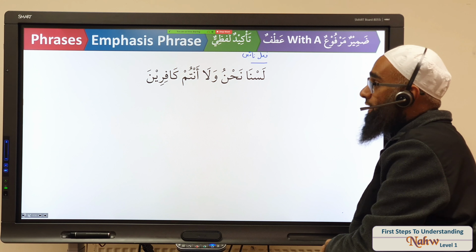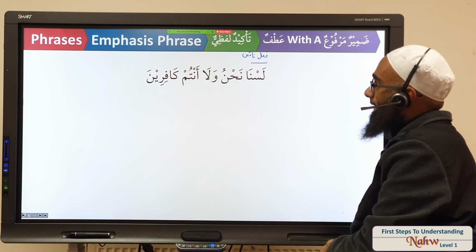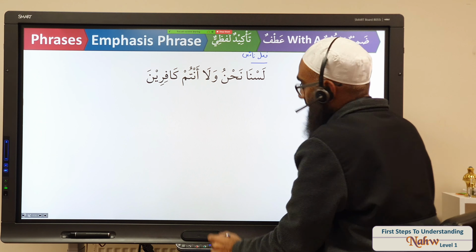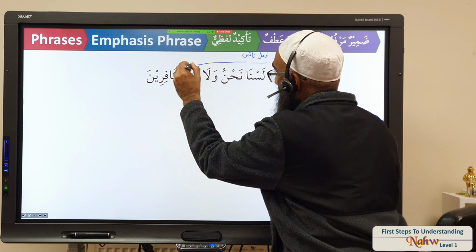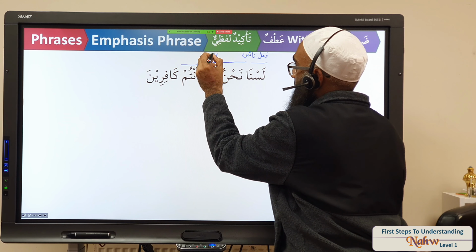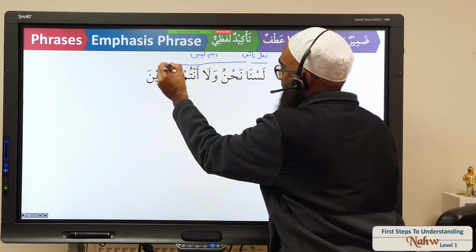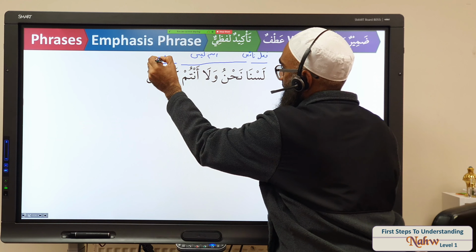Now, nahnu wala antum, ism. So where does the ism start from? The na all the way to antum. That becomes ismu laysa. And the kafirin becomes khabaru laysa.